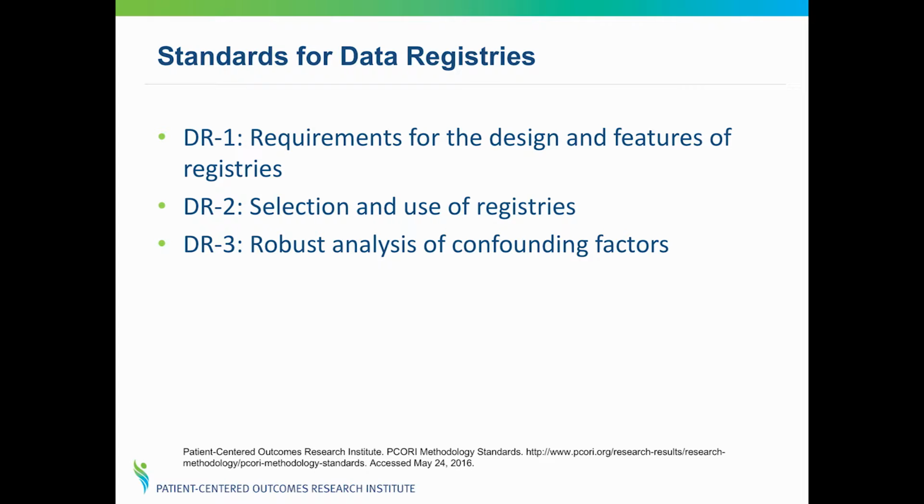DR1, requirements for the design of registries, which includes the purpose and protocol for the registry, plans for data safety and security, data elements and quality, confounding, systematic participant recruitment and enrollment, and participant follow-up. The second standard for data registries concerns documentation and reporting requirements of registry materials, characteristics, and bias. And the third standard is about adapting established registries for use in PCORI research.